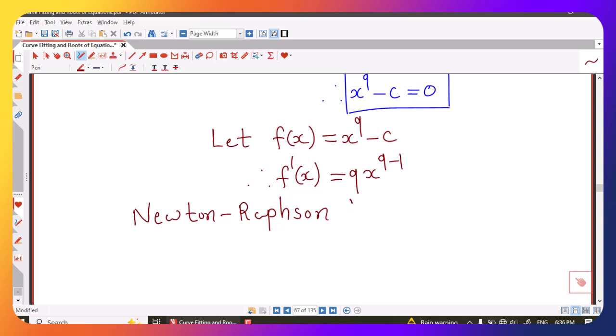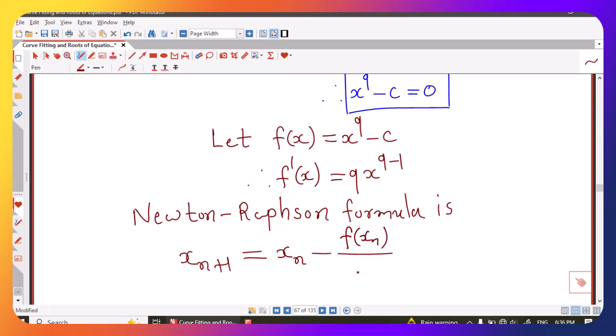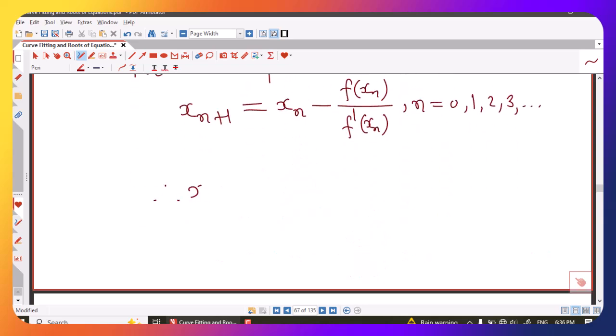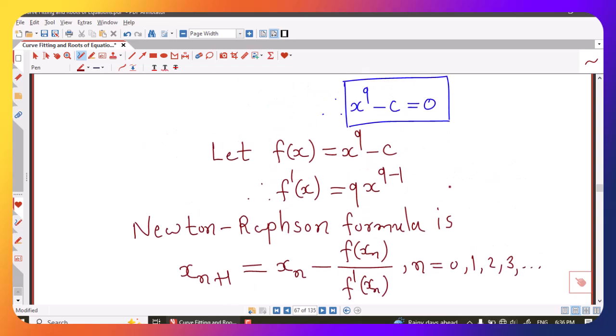So the Newton-Raphson formula, we know that it is given by the n plus 1th approximation to the root equal to xn minus the value of the function at xn divided by the first derivative value at xn, n equal to 0, 1, 2, 3 and so on. Therefore xn plus 1 is equal to xn minus the value of the function at xn.